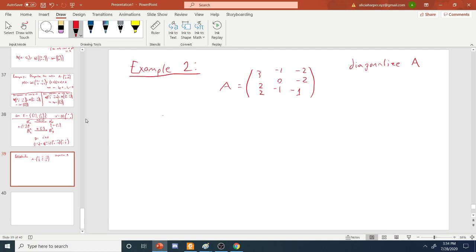To find the eigenvalues, I have to compute P of lambda, which is going to be the determinant of the matrix with 3 minus lambda, 2, 2, -1, 0, -1, and then -2, -2, -1. Oh, I should have a negative lambda here, a negative lambda here.